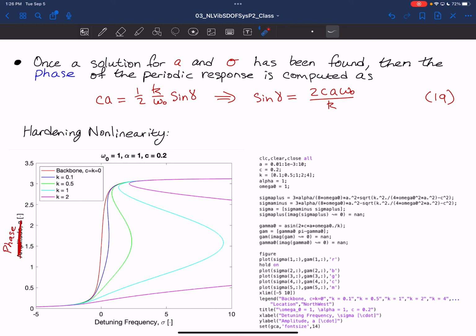So the red curve is the backbone, is that right? Yes. Yeah, the amplitude on the side confused me. All right, so this is the backbone branch. This is what you'd see also for a linear system. You would see it jumping from 0 to pi, basically, and you see only a single solution possible.